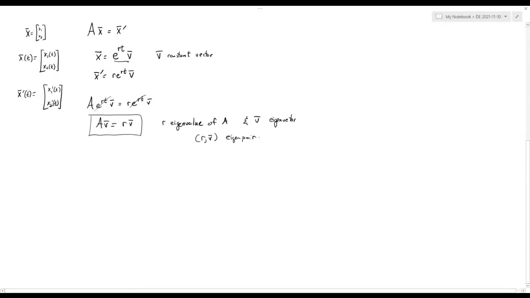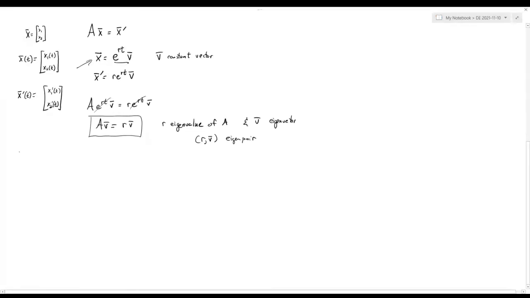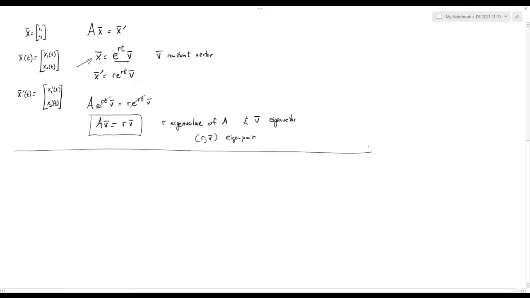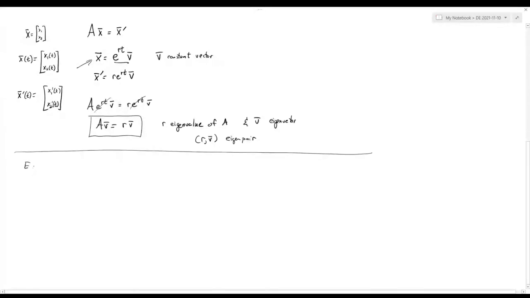So it looks like if you want to find solutions of this form, we might want to look at the eigenvalues of matrix A and the corresponding eigenvectors. So let's go through some examples and start classifying equilibrium points. Oh, by the way, I should define that.